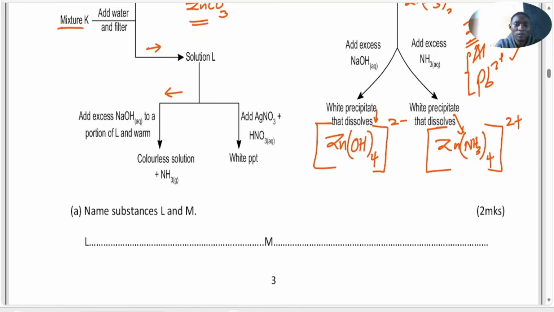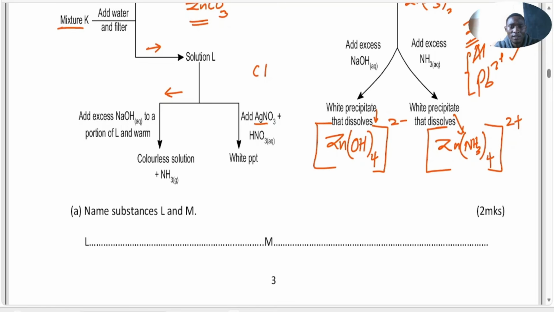Anytime we see silver nitrate, we think of the chloride or the carbonate. But now, silver nitrate is added, and then acid is also added, and a white precipitate is formed that does not dissolve.